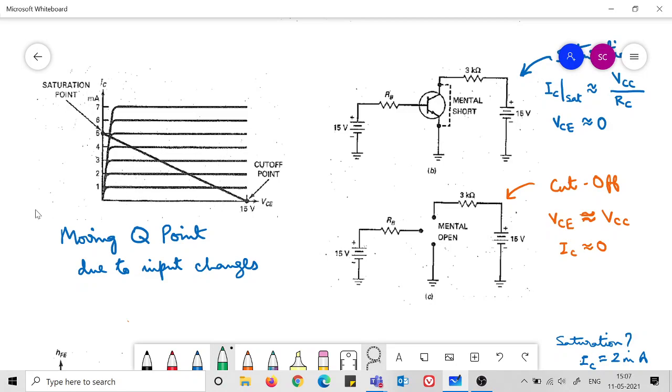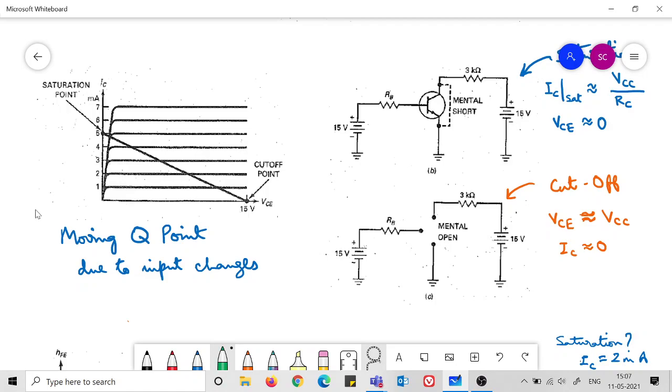Now for different configurations we will see. This is common to every configuration. The collector curves which we saw, meaning the output characteristic curves, will be the same for all transistors no matter what configuration they are in, because this is nothing but IC versus VCE.